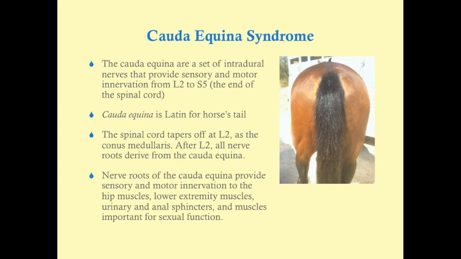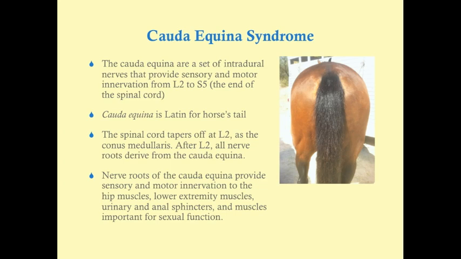Okay, so Cauda Equina syndrome. First, we should know what the Cauda Equina is. You probably remember from first year anatomy that the Cauda Equina is a set of intradural nerves, and they provide sensory and motor innervation from L2 to S5.